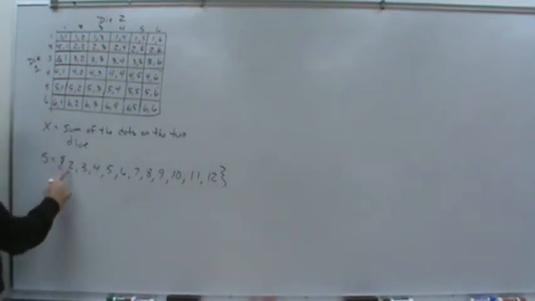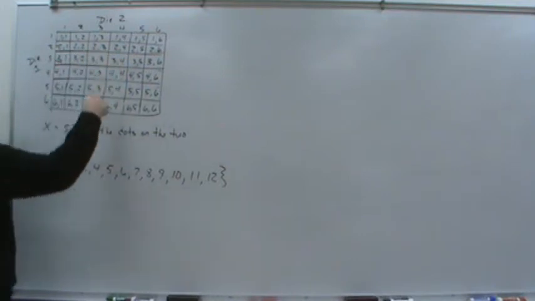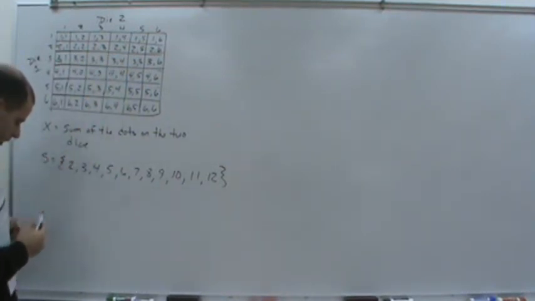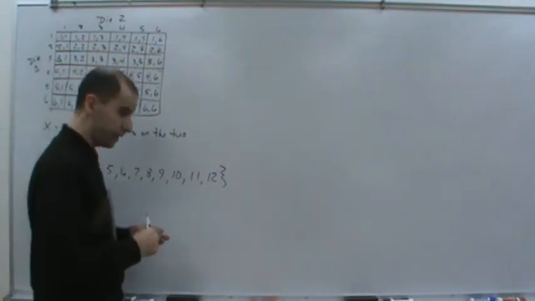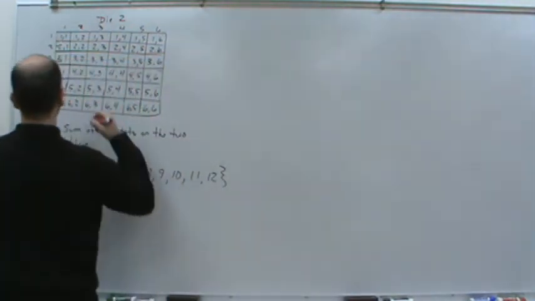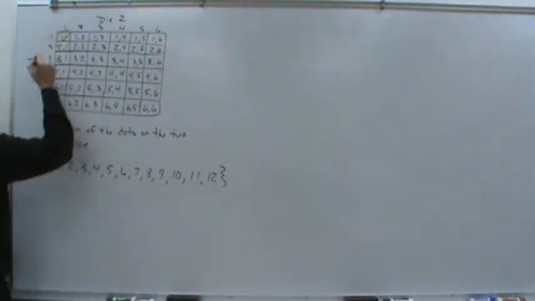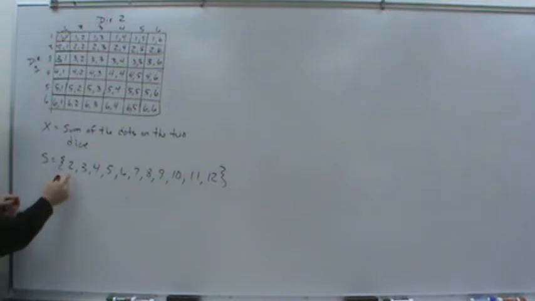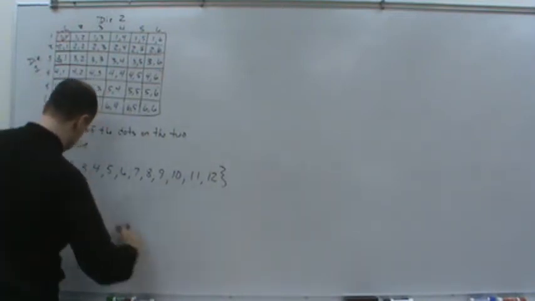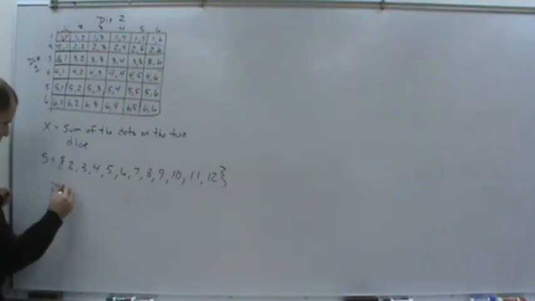So what's the probability of getting a sum of 2, right? Well, how many of these outcomes gives me a sum of 2? Well, it's only one, right? It's the first one, 1 and 1. There's only one way to get a 1 and a 1. So this here, the probability of getting a 2, not a 1, getting a sum of 2, right?